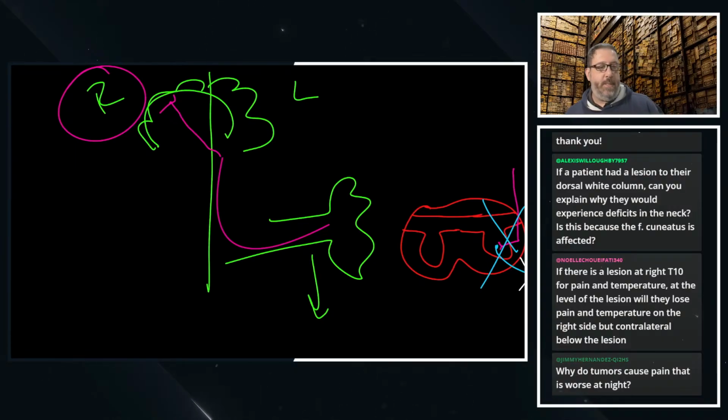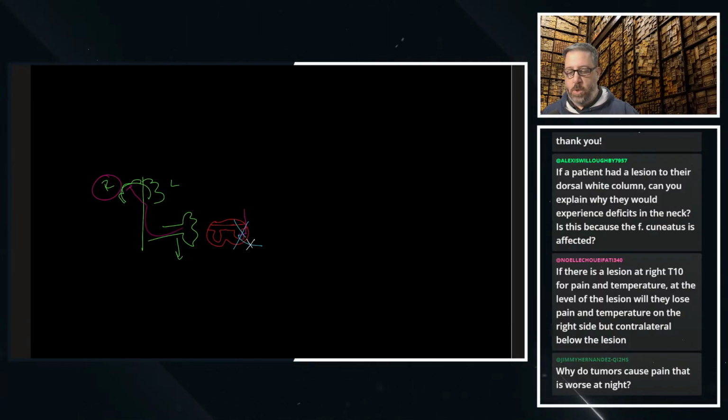Okay, the next one is a patient who had a problem with the dorsal white column, deficits in the neck. It would have to be a question about the dorsal white column.